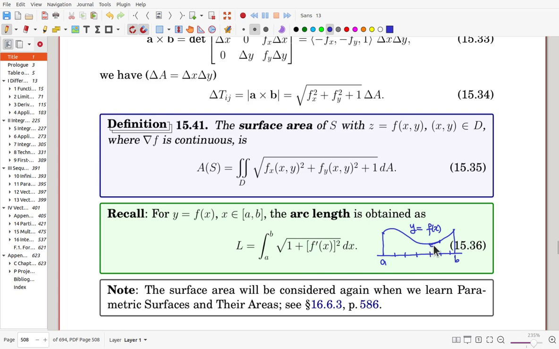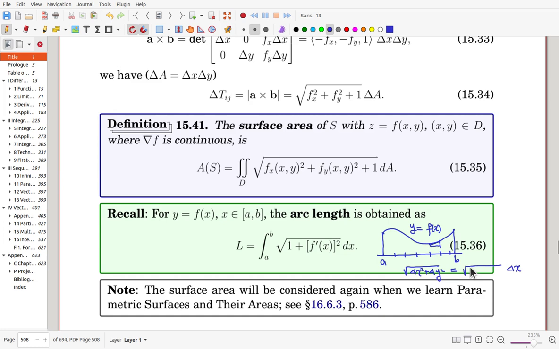And we can get this length by using the Pythagorean theorem. That is delta x, that's delta y, so that the local approximate arc length will be here. There is the square root of delta x squared plus delta y squared. It can be written in this way, divided by delta x squared, and outside we multiply delta x.